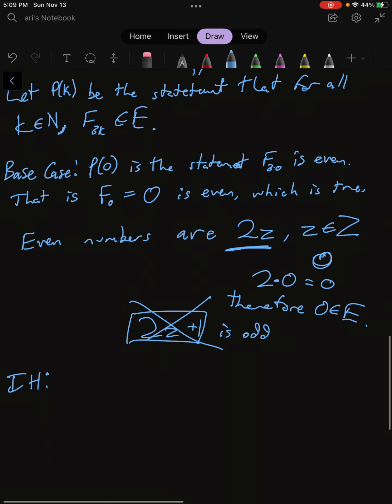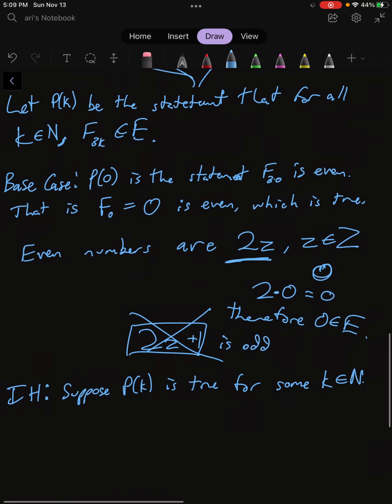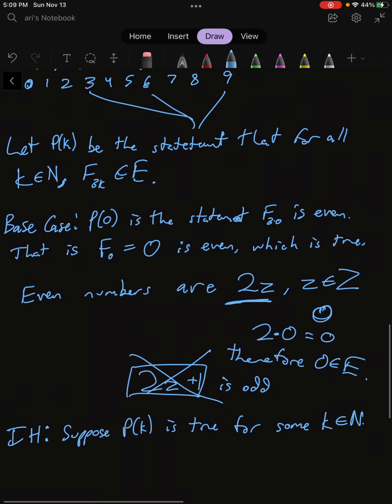Inductive hypothesis. Suppose p of k is true for some k. I could say in the naturals. It's a generalization of the base case. We've just shown that the base case is true. That was true for some k in n, namely the first k in n, namely 0.